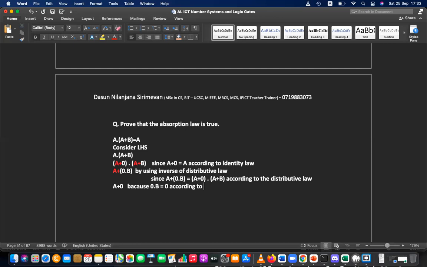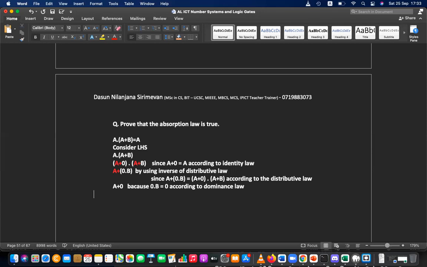What is the law? Check in your note. Something and with an unknown variable, 0 and with an unknown variable is 0. What is the law? Dominance. Dominance law.